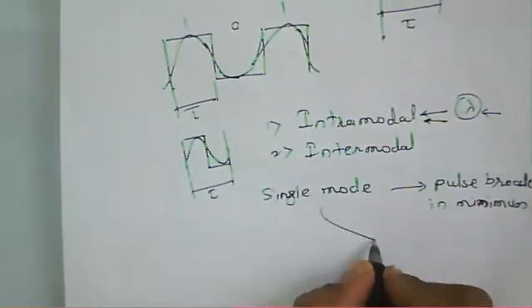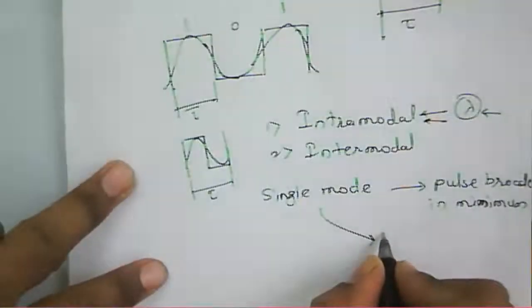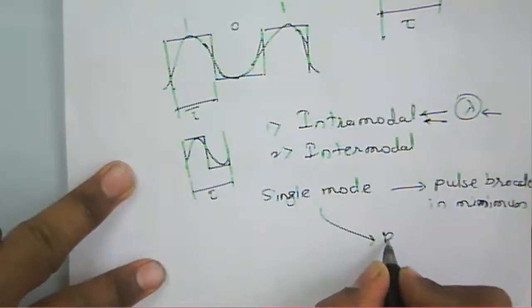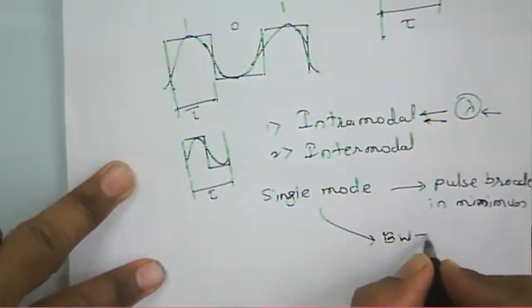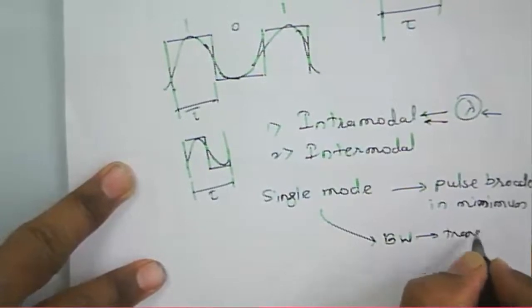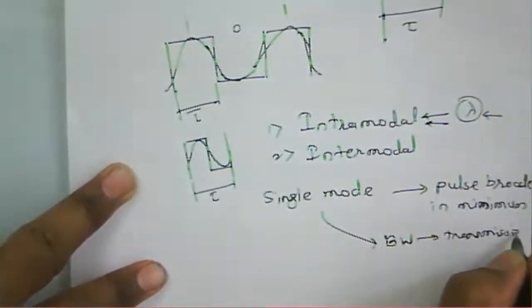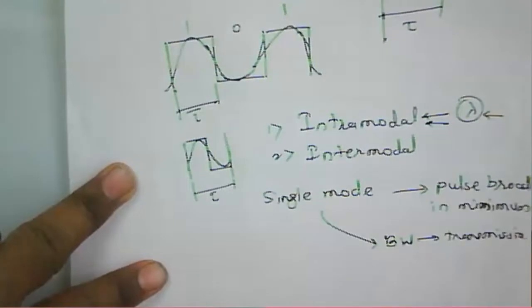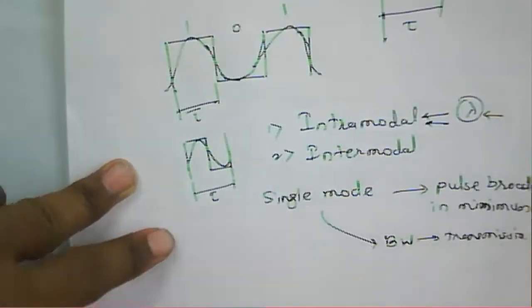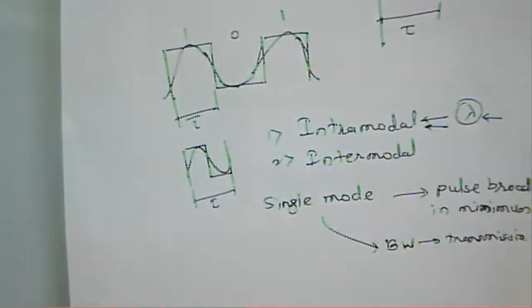So that's why a single mode fiber has the higher transmission bandwidth. That is, the transmission bandwidth is higher here. So that's why the data rate will be higher.